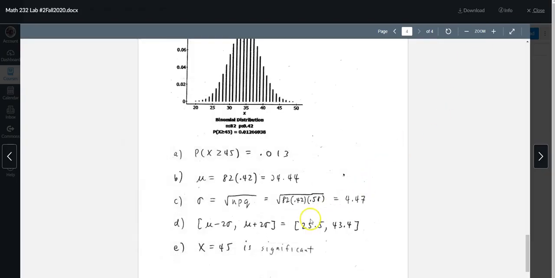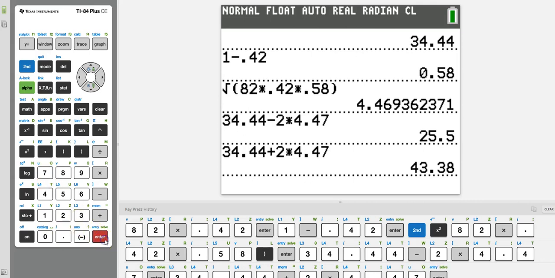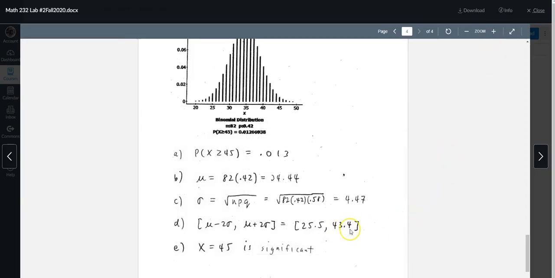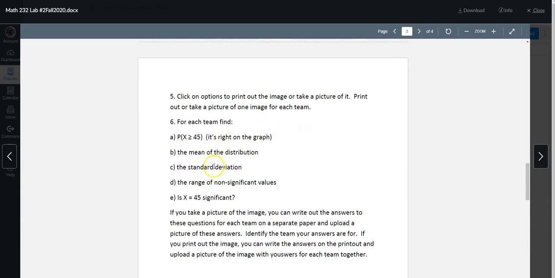So that's where this 25.5 is coming from. And then mu plus 2 sigma on the calculator would be 34.44 plus 2 times 4.47, 43.38. Did I do that right? I guess so. Let's see, I guess I round that off to one decimal place, 43.4.